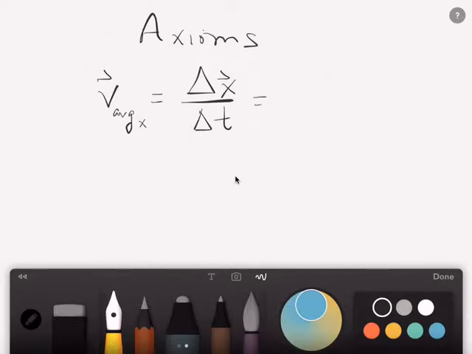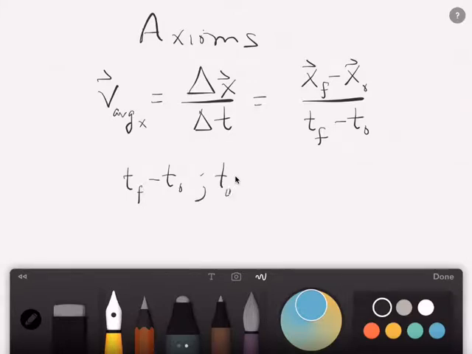I'm just going to expand this a little bit to say that this is x sub f minus x initial, divided by t sub f minus t initial. Now, I want to say this: instead of using tf minus t initial, let's always take t initial to be 0, which implies that tf minus t initial will just equal tf.